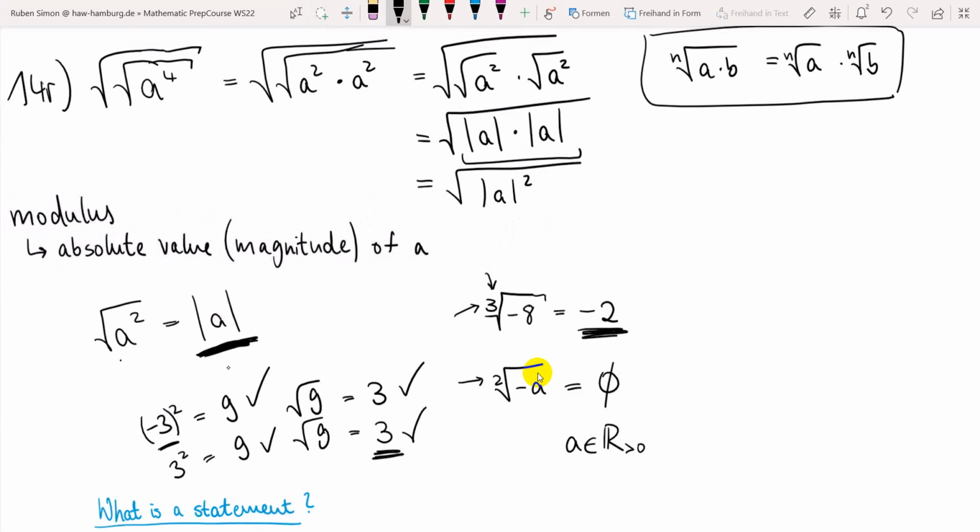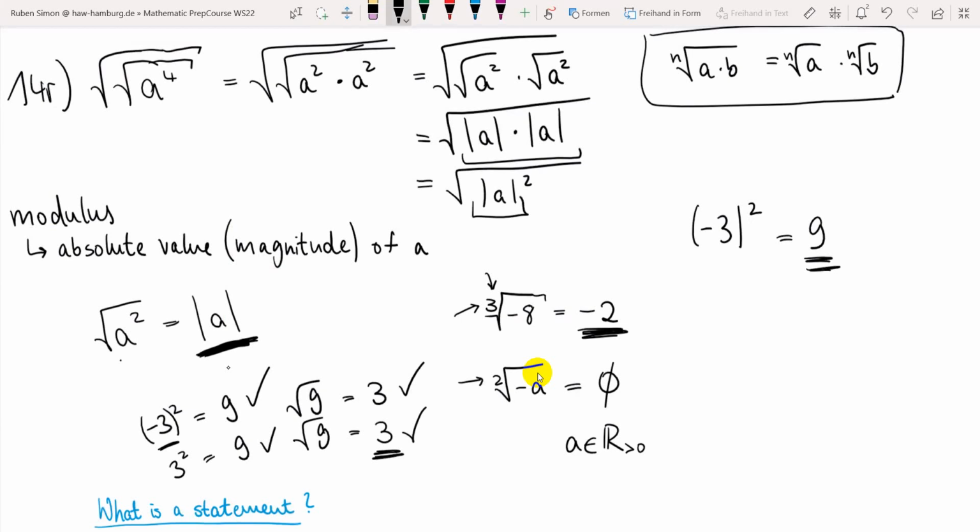And what can you tell about any number which gets squared? So if you have, for instance, -3 squared, this is going to be positive. It's going to be +9, for instance. And it doesn't matter which number you have as the base of your exponentiation with the exponent 2. You will always end up with a positive number.